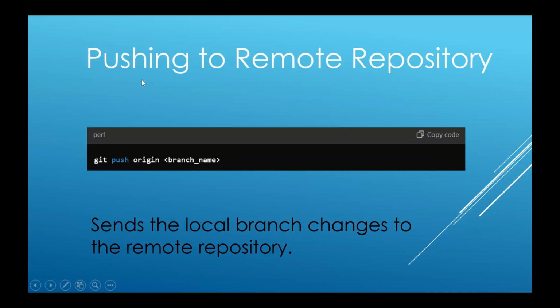Once you have committed the changes inside your local repository, you can run this command git push origin and the branch name, so that this will push the changes to the remote repository. If you have given your feature branch name here, all the changes in your local will be pushed to the remote repository, which can be in GitHub, Bitbucket, or whatever. This sends the local branch changes to the remote repository.